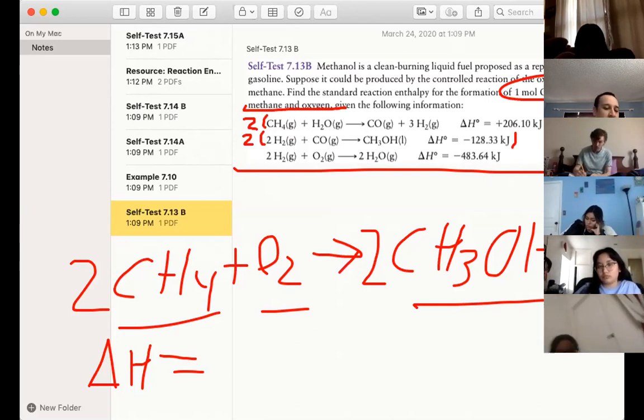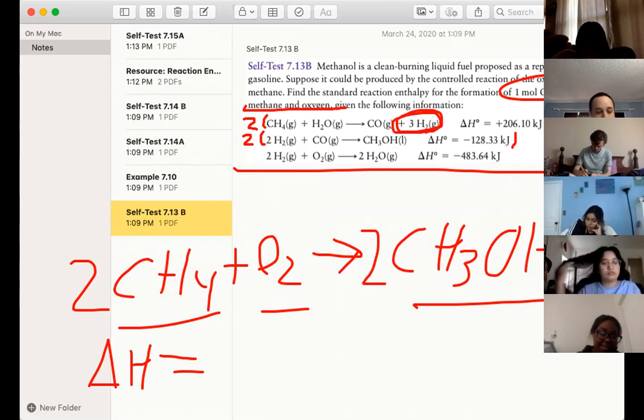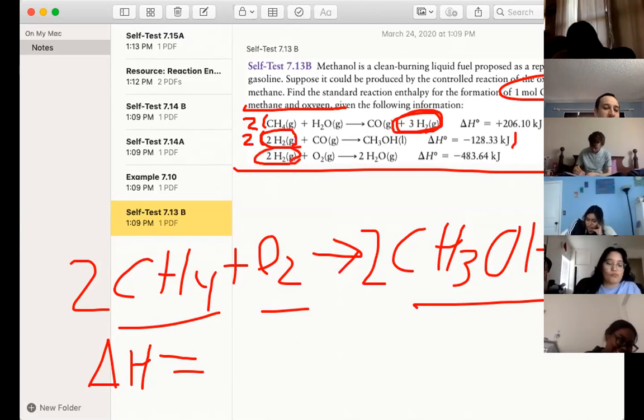So right now you've got 2 times 3 H2s, that's 6 H2s, and then you've got 4 H2s here because it's 2 times 2, and then 2 H2s there. So actually, yes, those hydrogens balance, they cancel out.